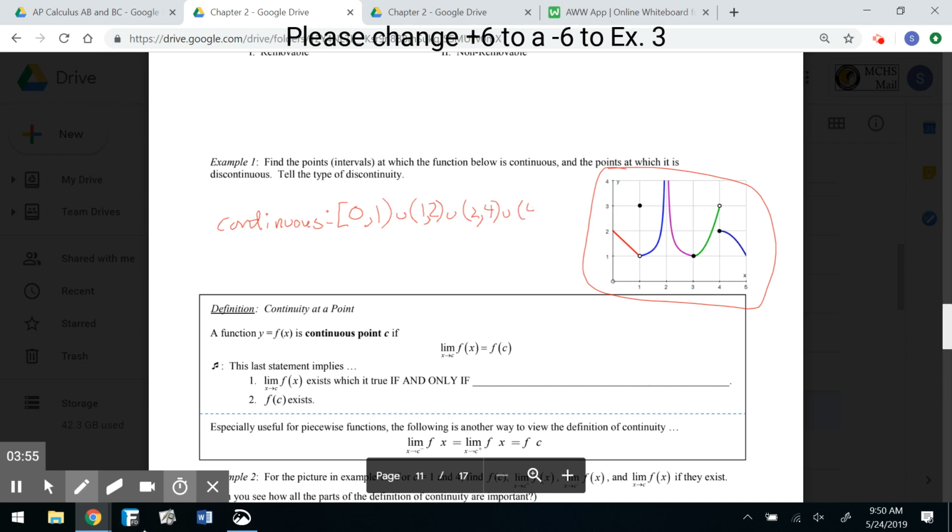I think it's a 6. From 4 to 6. I think it's supposed to be a 5, isn't it? Maybe I'm just getting older, but I'm going to call that a 5. Because it looks like it goes by increments of 1.